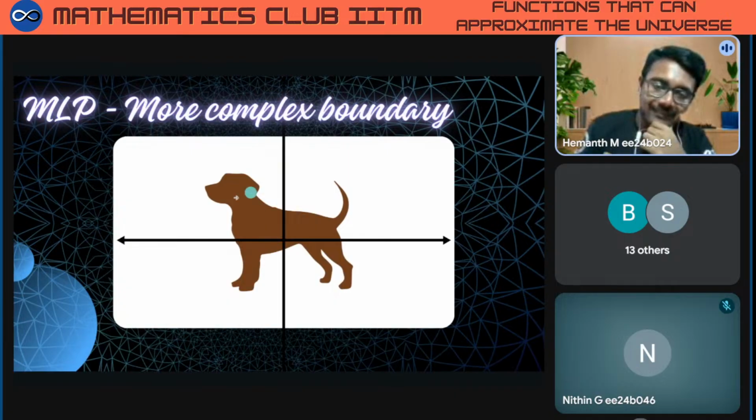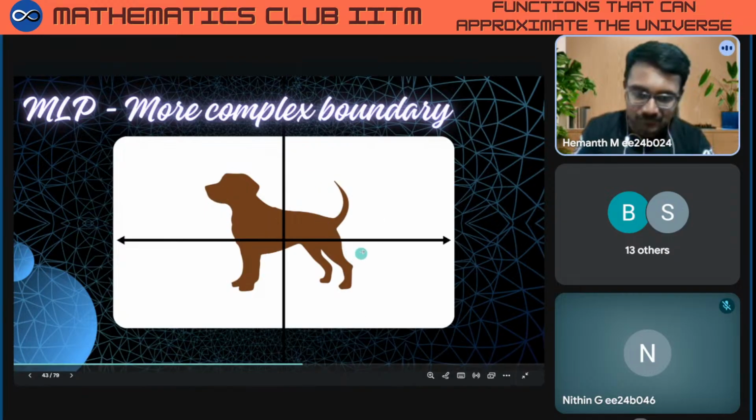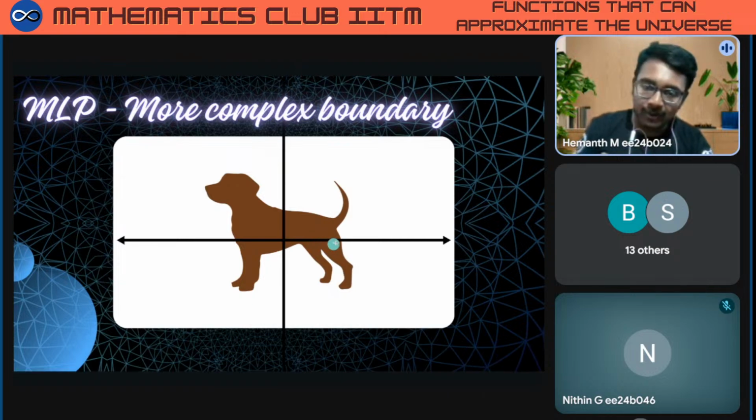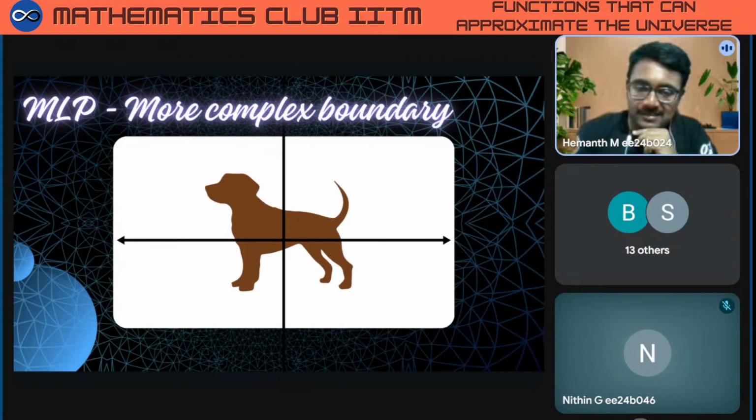We just divide this dog region into several polygons, and we take some perceptrons for learning each of those polygons, then take the AND of those, and then in the final layer, you just take the OR of all those. So basically you're dividing this into several polygons, learning each of them individually, and then taking the OR. And the idea is, if you take a larger number of polygons and a larger number of perceptrons, you can model this to arbitrary precision.